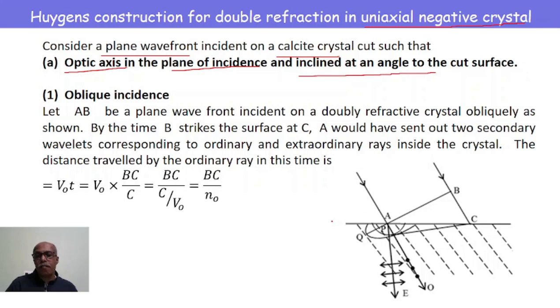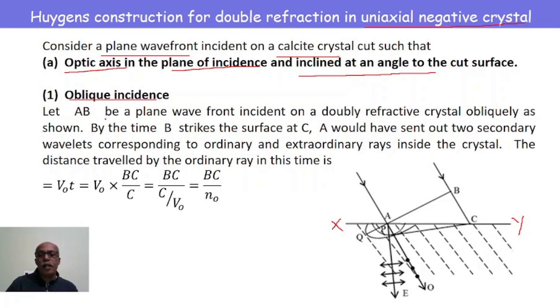This is my cut surface, XY is the cut surface, and for this cut surface, the optic axis is inclined at an angle. Now, the incident rays are oblique. We have considered oblique incidence. These two are my incident rays, and these two incident rays are obliquely incident on the cut surface XY.